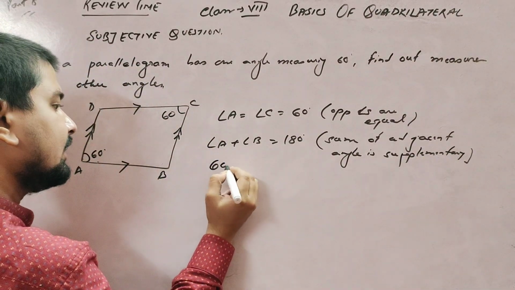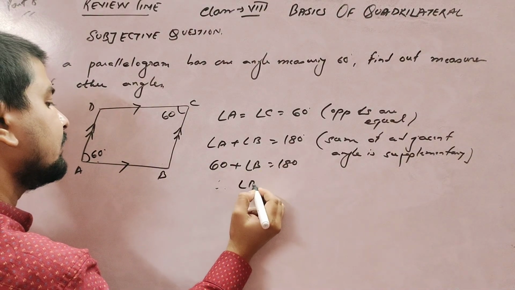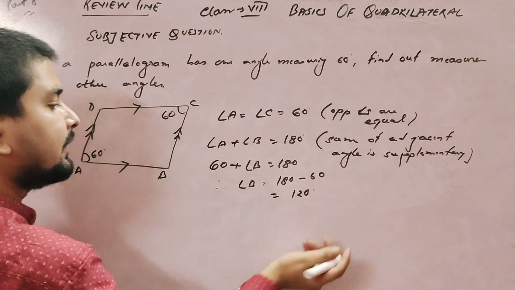So angle A is 60, therefore angle B equals 180 minus 60, that is 120 degrees.